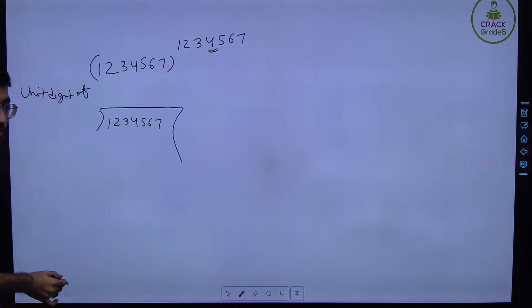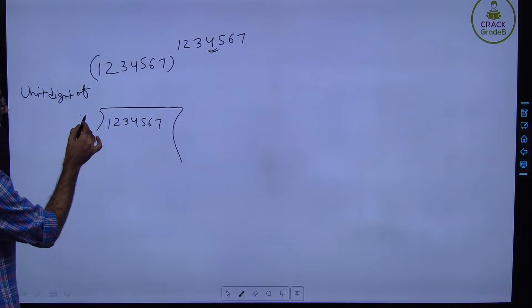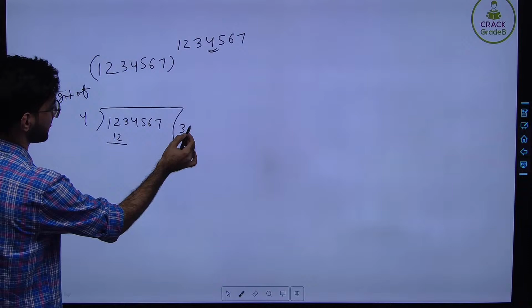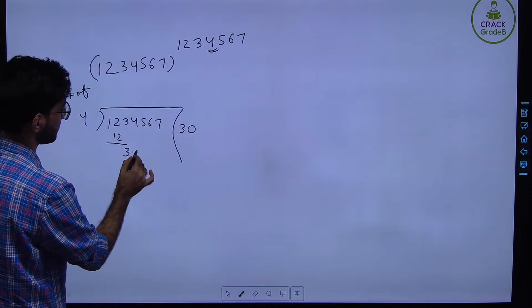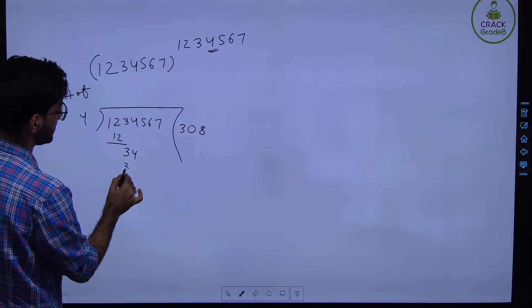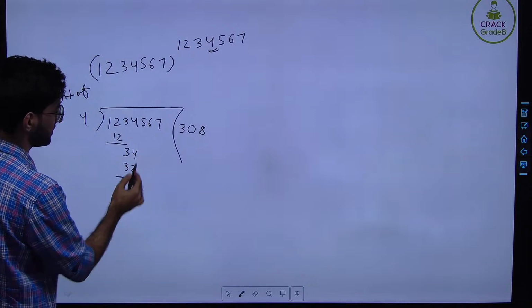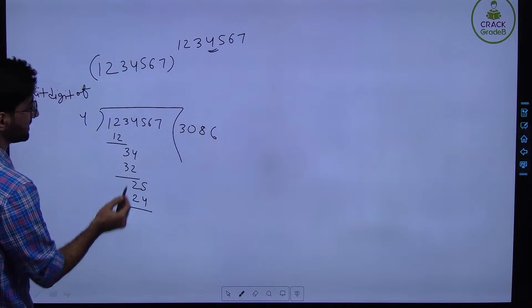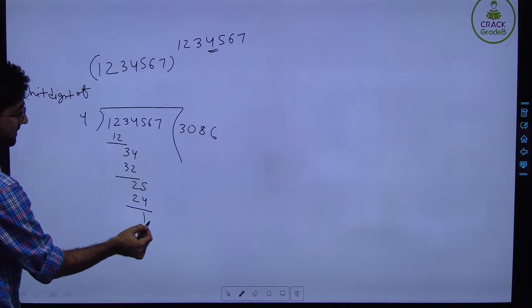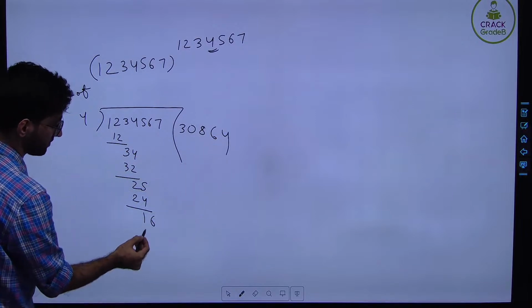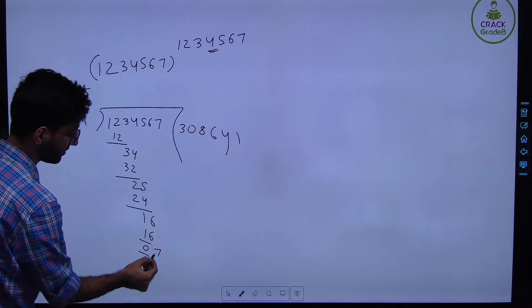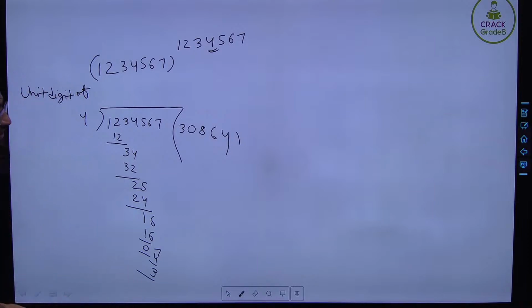So simply 4 into 3 is 12, then 3, 4 into 8 is 32, then 5, 4 into 1 is 4, then 6, and then 7, 4 into 1, so the remainder will be 3.